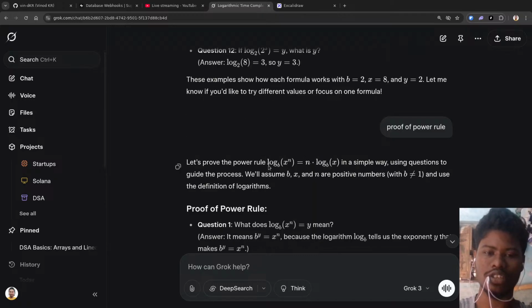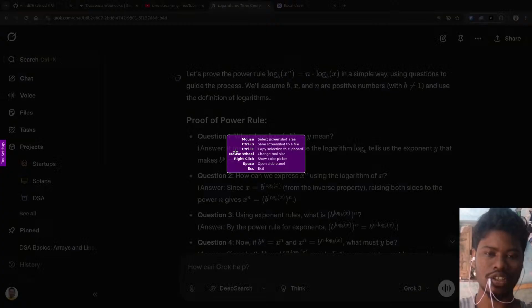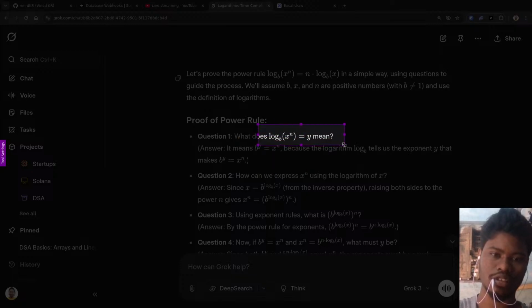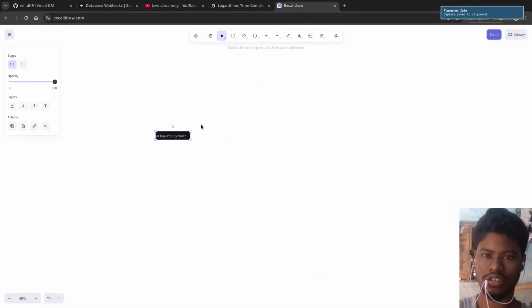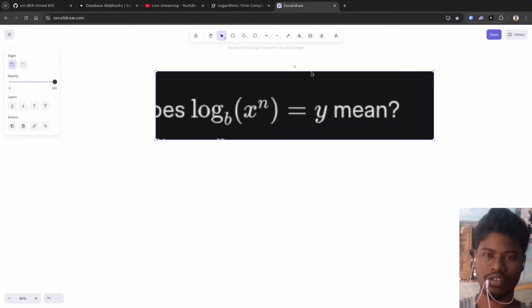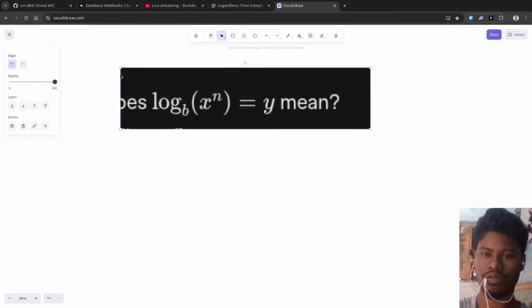Cool. Now let's understand this rule once again. So what is it saying?